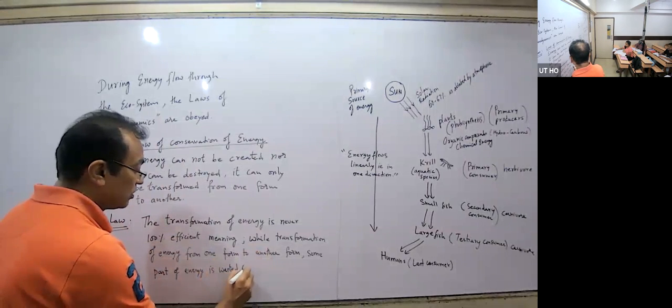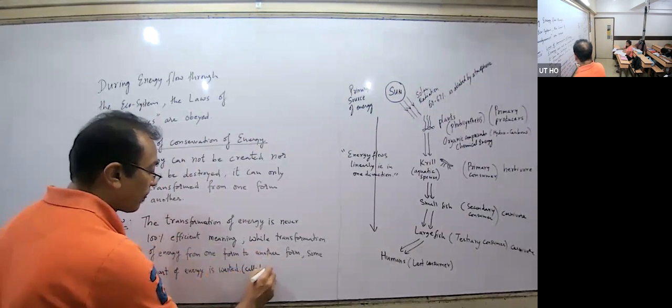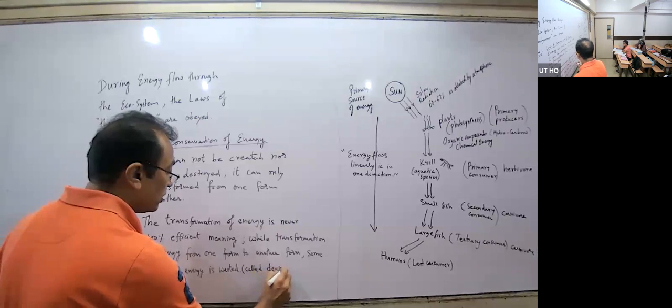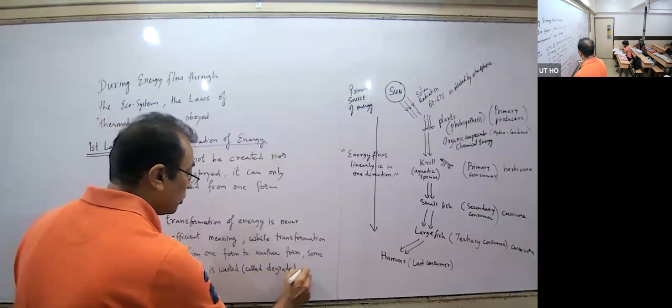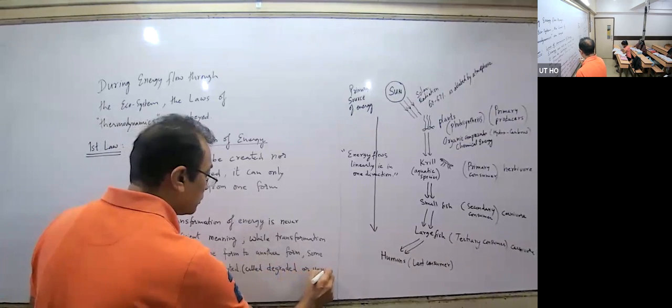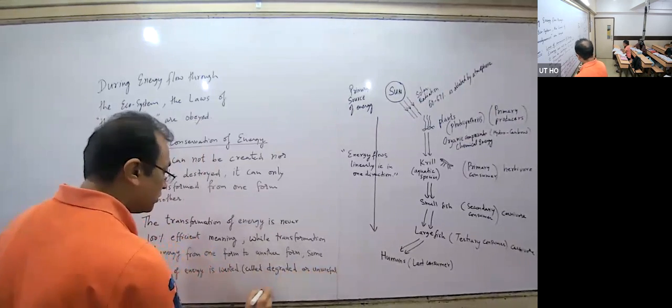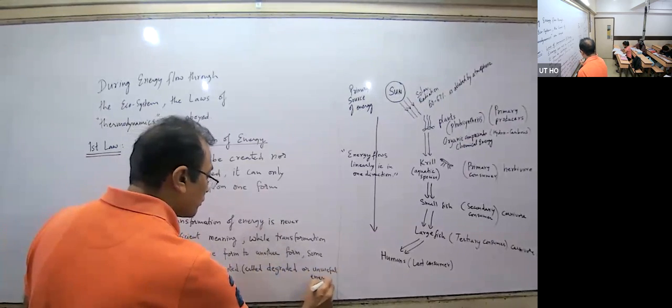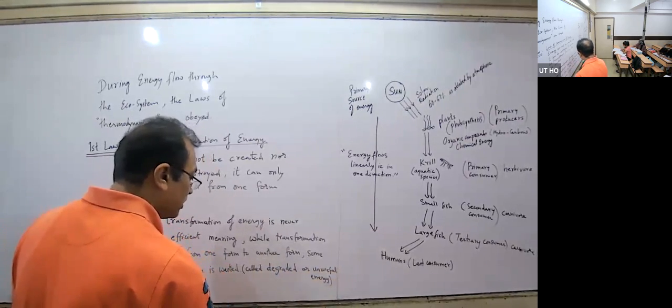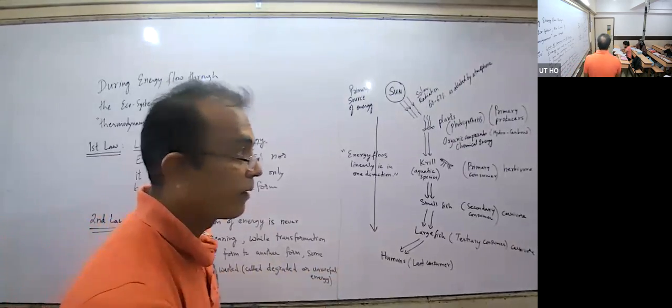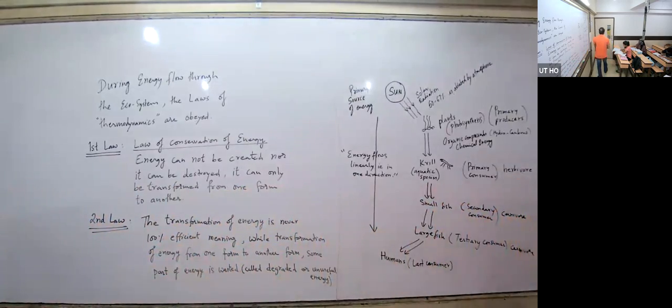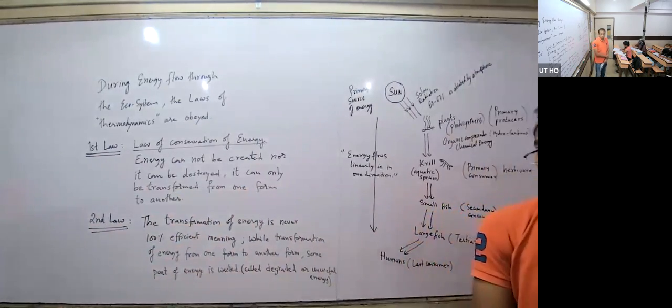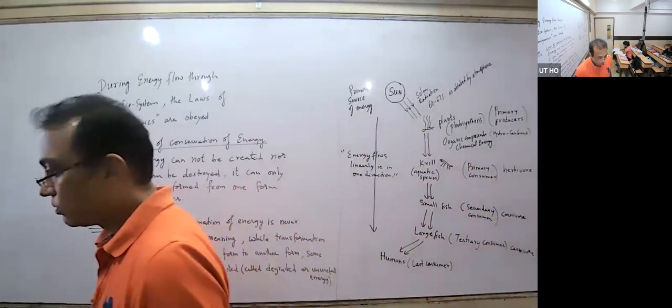So this is called degraded or unuseful energy. The wasted energy is unuseful or degraded energy. Why is the energy degraded?